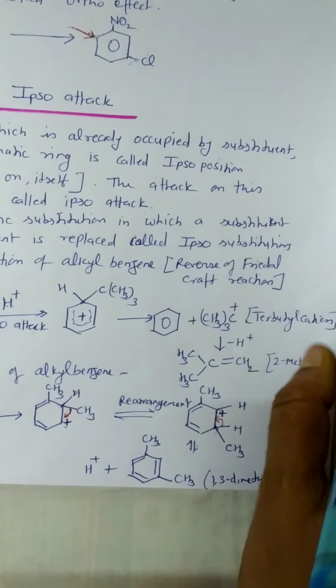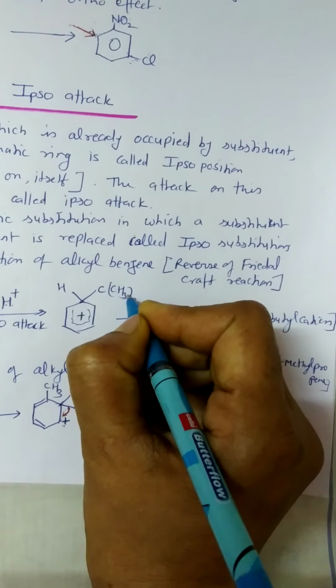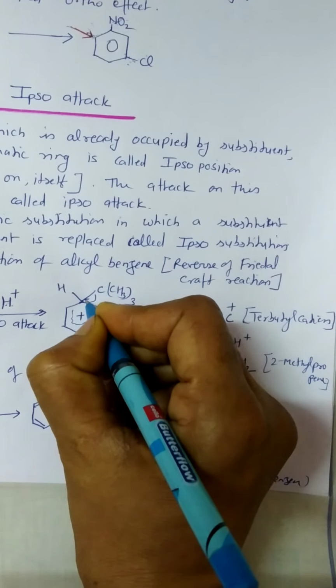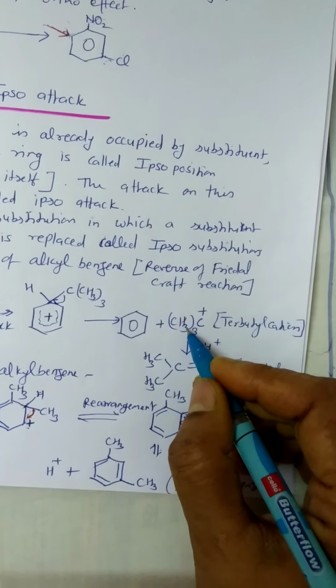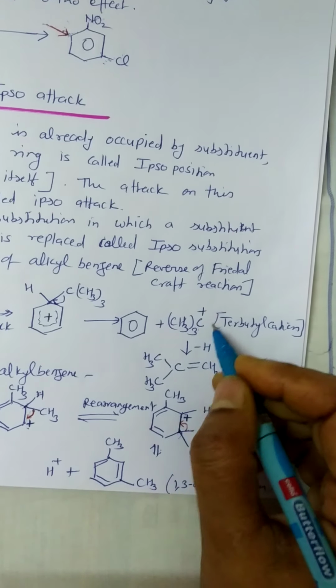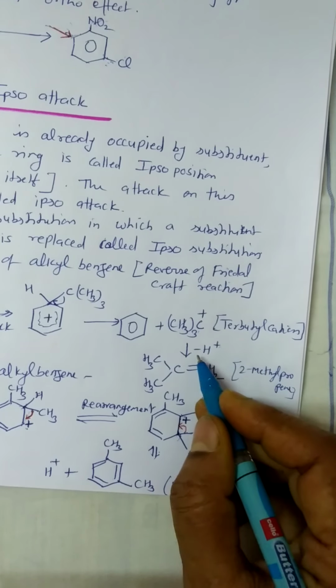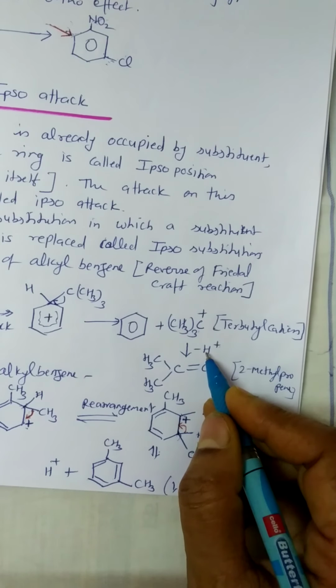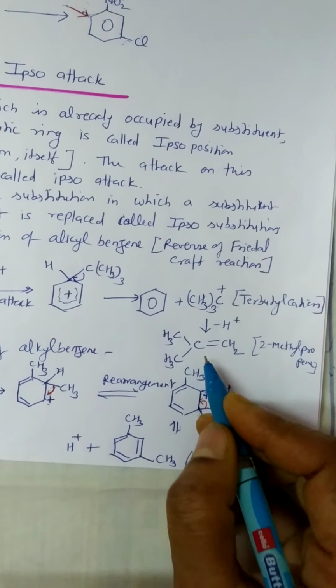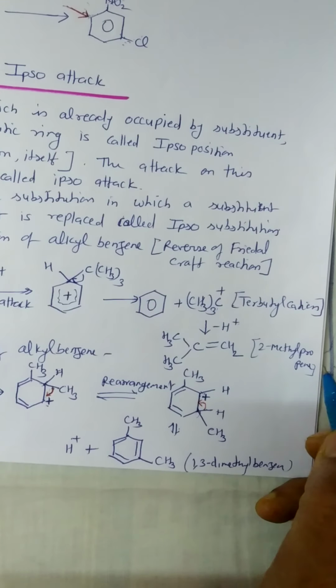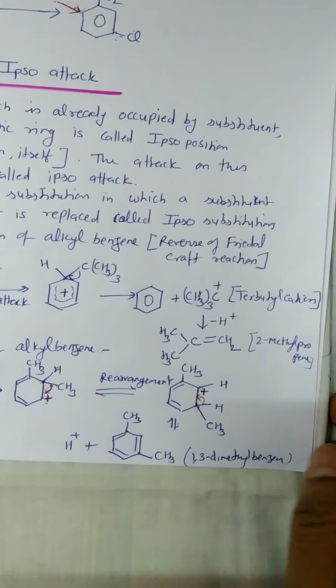This on removing the C(CH3)3 plus forms benzene. The tertiary butyl cation is unstable, therefore it removes one proton to gain more stability and forms 2-methyl propene.